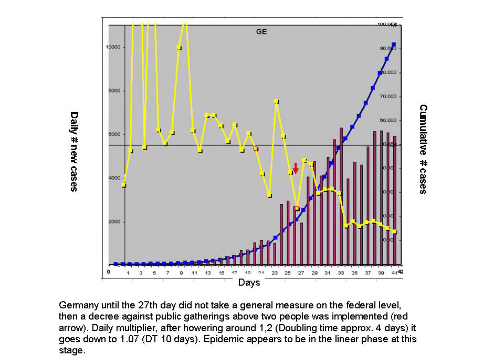In Germany, you can see that the daily multiplier, which is shown in yellow, is around 1.25 or quite close to 1.25 for a long time. Then it starts to go down clearly after the 27th or 28th day due to strict lockdown precautions.